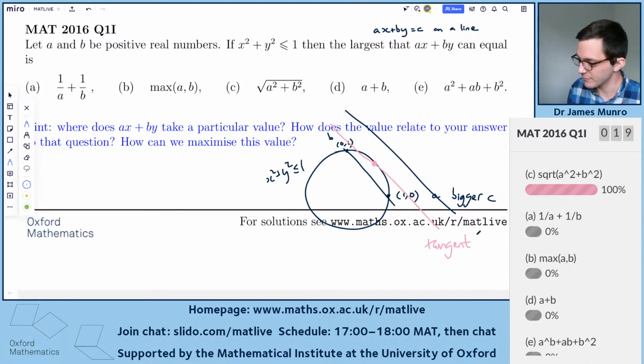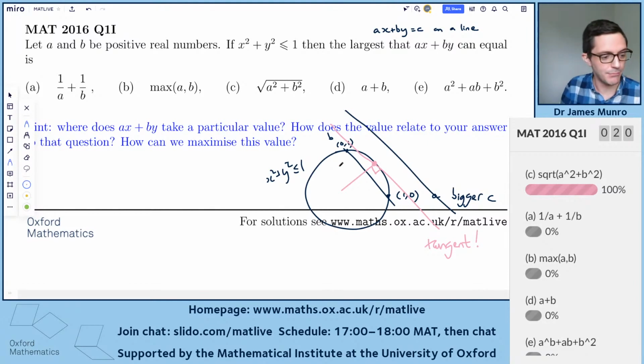Great idea. So you can actually work out, with all of that information, you've now got a line, you know the gradient of the line because you know its formula, ax plus by equals c, you know the equation for the line, you know where the circle is, you're looking for a point of tangency. You can do that like a geometry problem, writing down radii and right angles and using right angle facts.